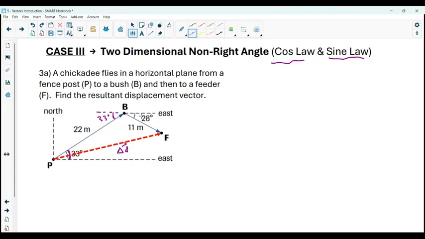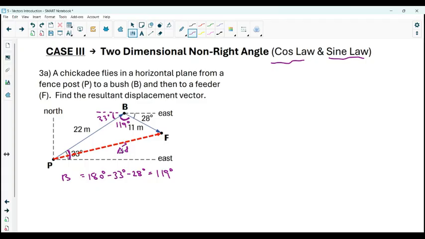And I know I can figure out this little one right in here, because the whole thing is 180, subtract out the 28 and the 33 and see what's left. So I'm going to call that angle B, and that's going to be 180 total minus the 33 minus the 28. That's going to end up being 119 degrees right there.